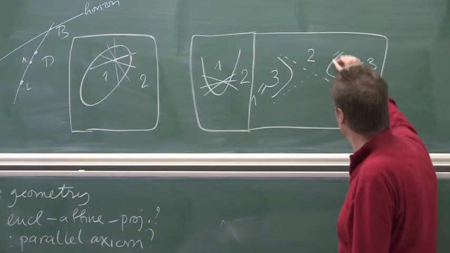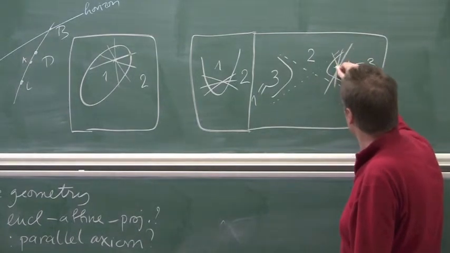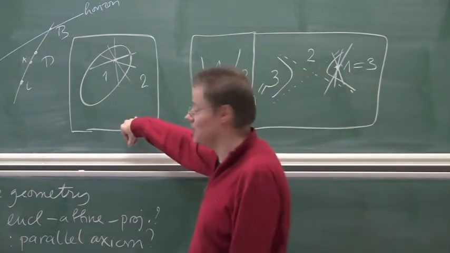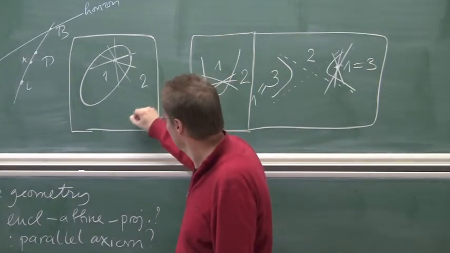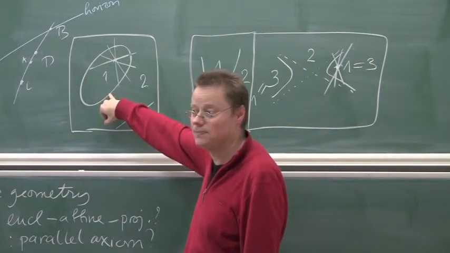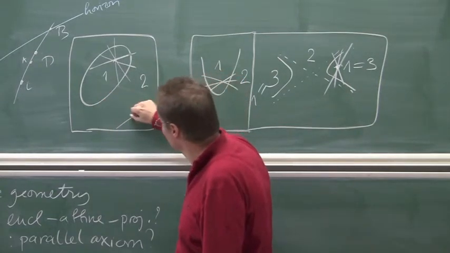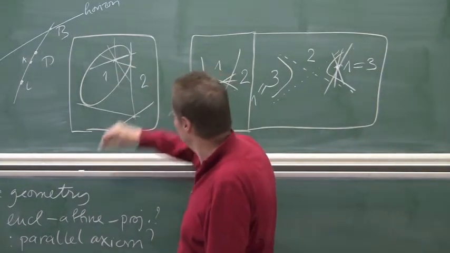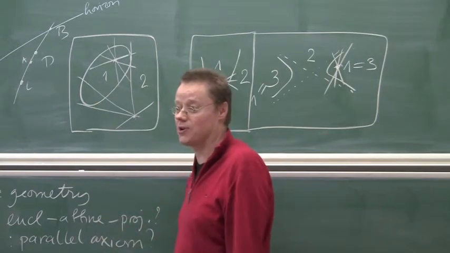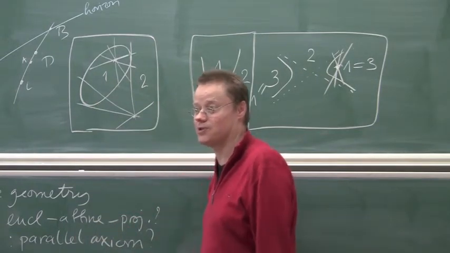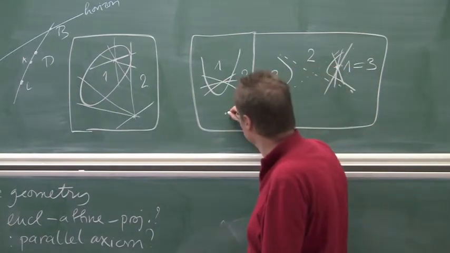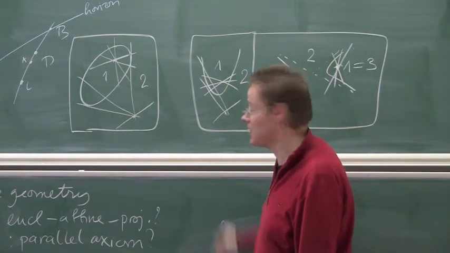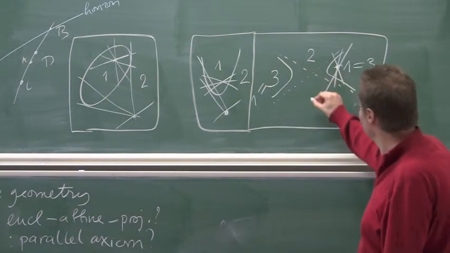On the other hand, if I have a point in the exterior, then there are lines which do not intersect at all, and there are lines, in fact exactly 2, which are tangent, and other lines intersect in 2 points. So all 3 cases occur: 0, 1, or 2 points. And the same happens here. 3 types of lines.